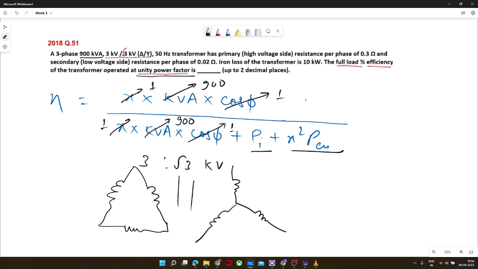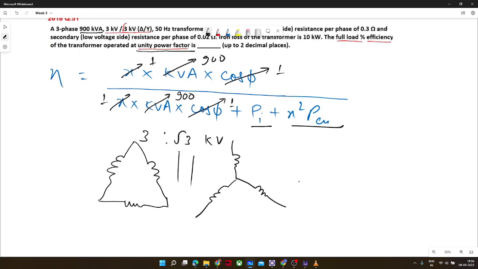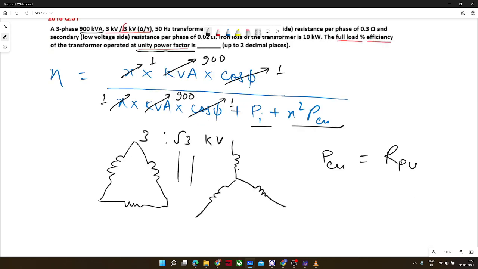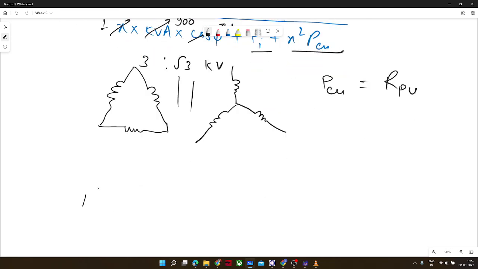For that purpose, I want to solve the problem on the basis of per unit. So let me solve it. Copper loss in per unit is equal to R_pu, that is the equivalent resistance in per unit, and per unit resistance is equal to R given by mod Z base.